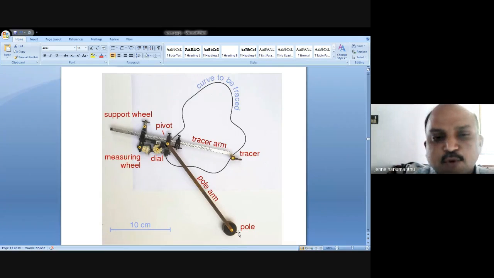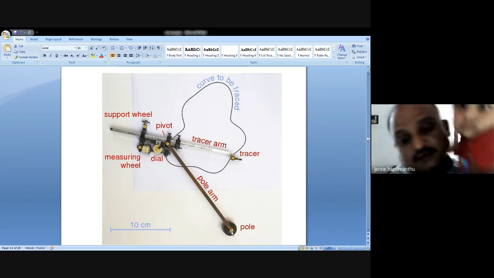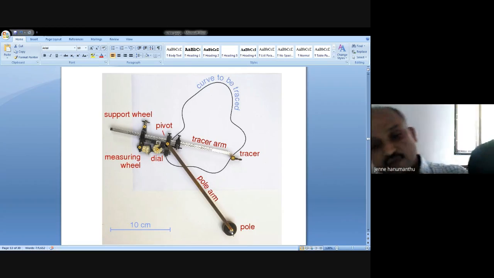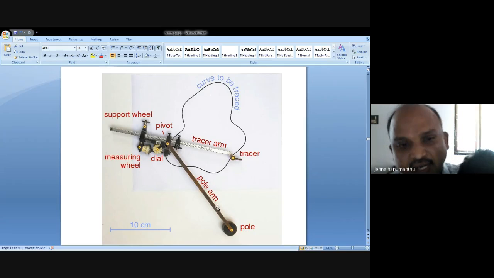In some notations it is called the anchor, pole arm or anchor. It is one arm. Another arm is the long arm. It is called the tracer arm. This is one arm, this is another arm.